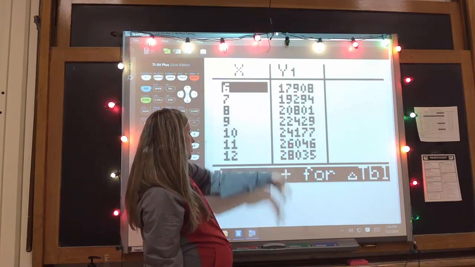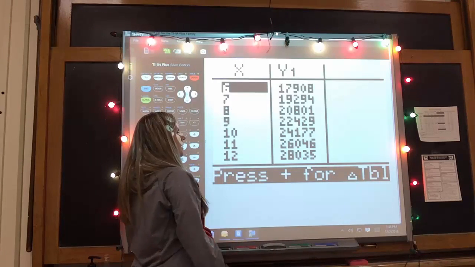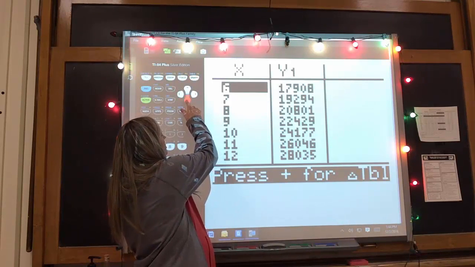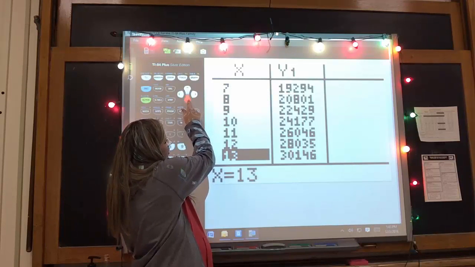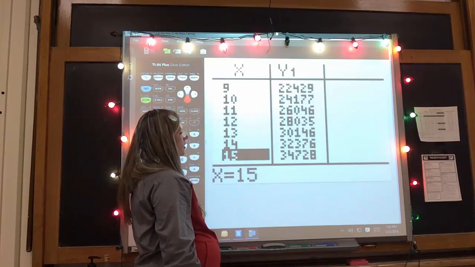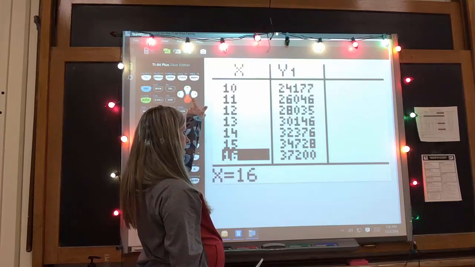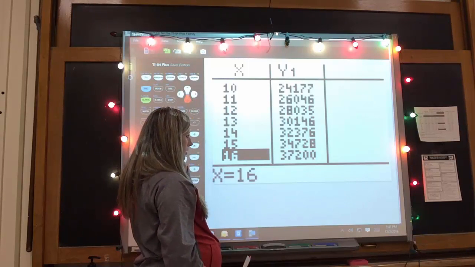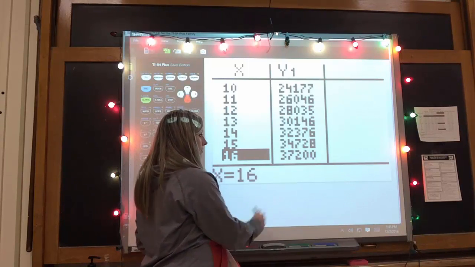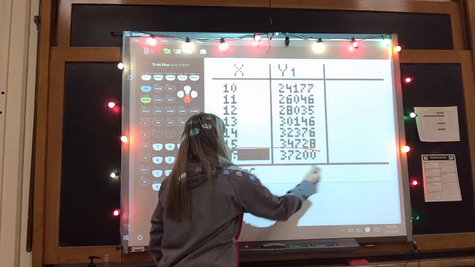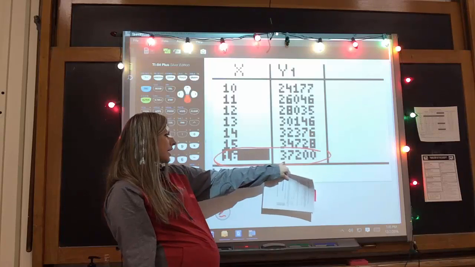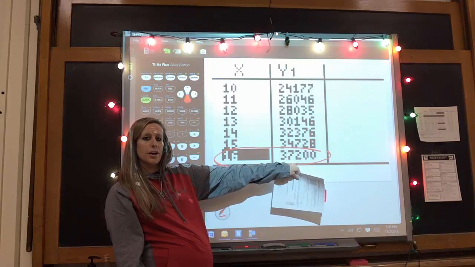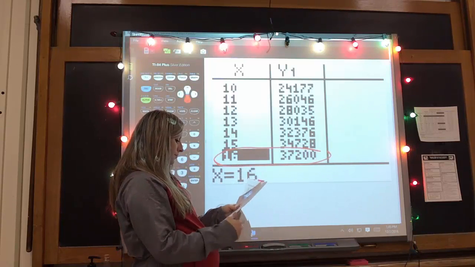The more you go down, it increases, and we're trying to get to 37,000. So arrow down, keep going until you see that it hits 37,000. Mine finally hits it when X is 16. When X is 16, I get $37,200.